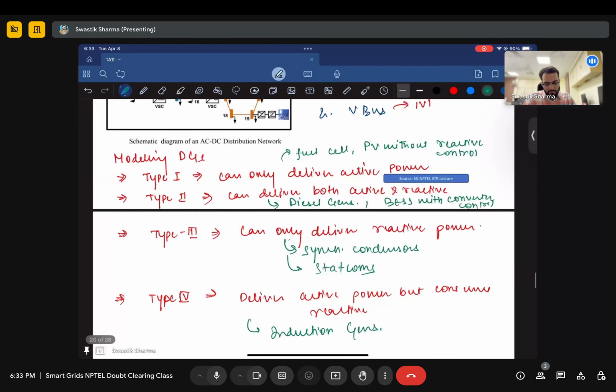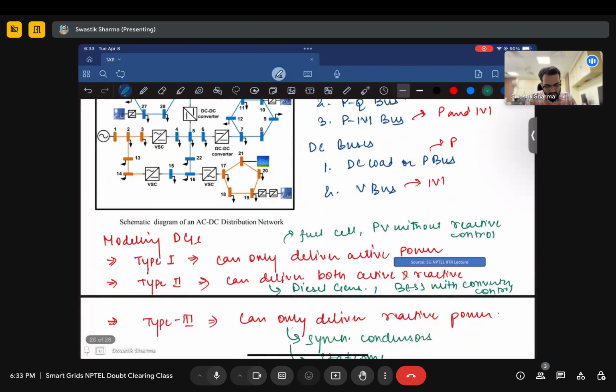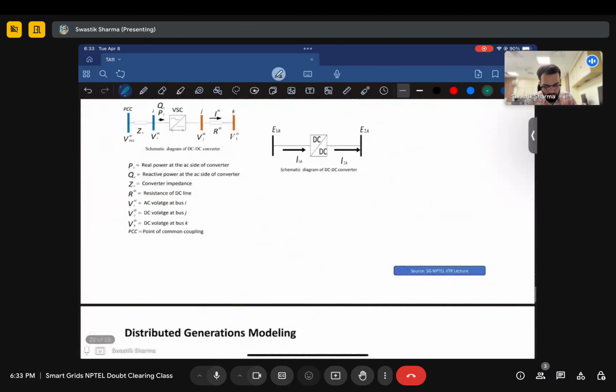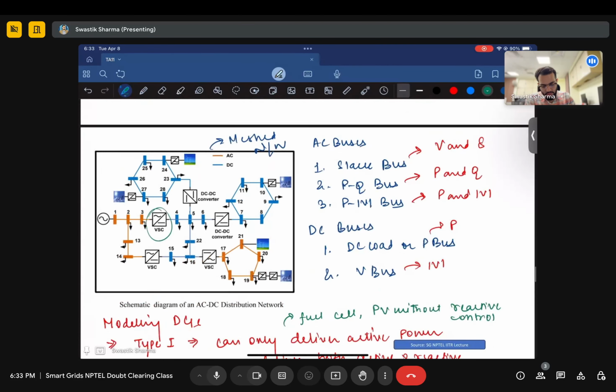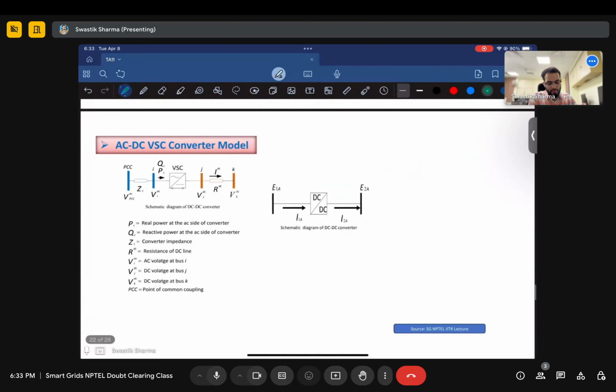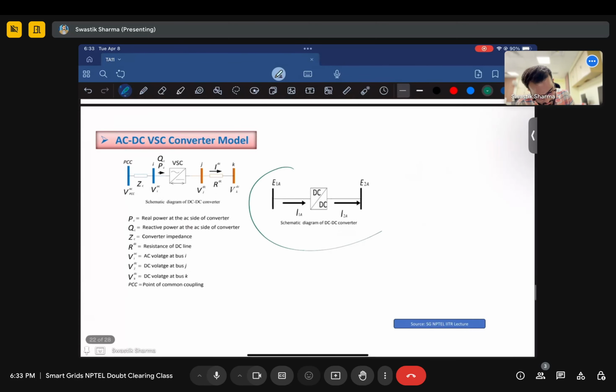So based on the modeling of these DGs and the modeling of the converter, you need to model the converter as well. Let's say the voltage source converter that is present over here. How do you model this? You model this by using this simple converter model, where you check what is E2A by E1A, or you check what is I2A by I1A.